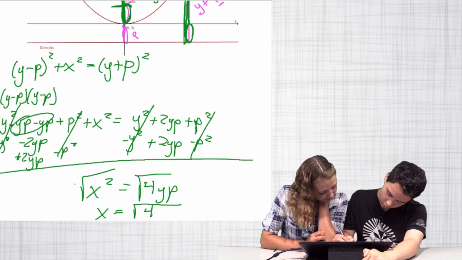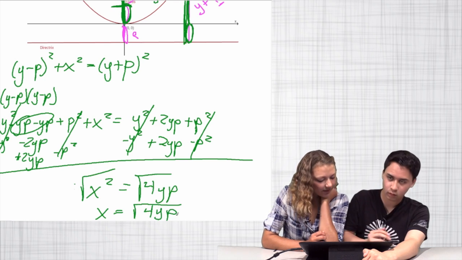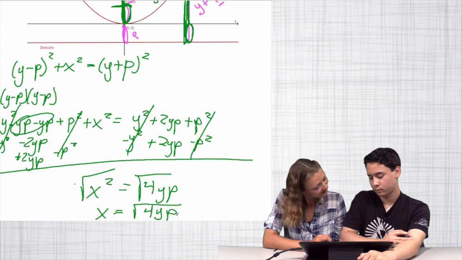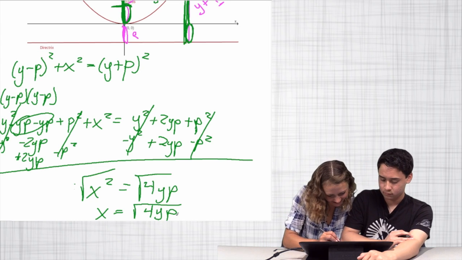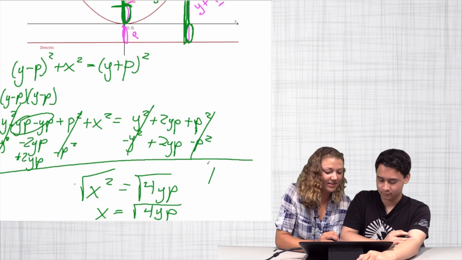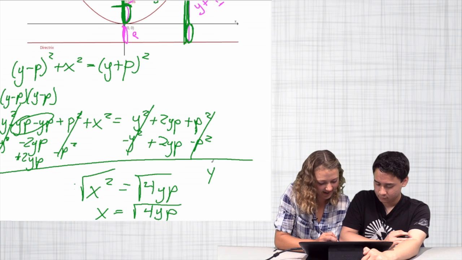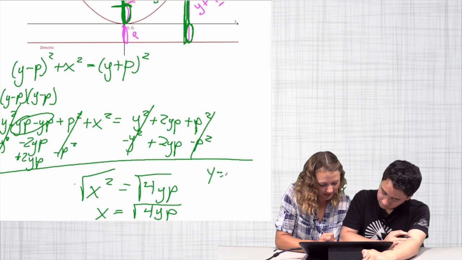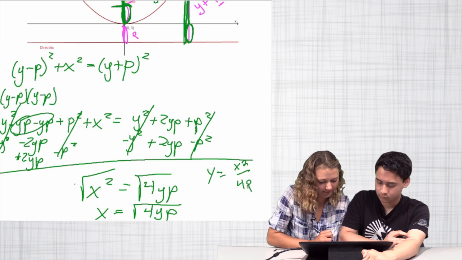Do you want to get y by itself? Yeah, you do. Okay, so because we've been doing it where the y is by itself, not the x, we're going to do y equals x squared over 4p.